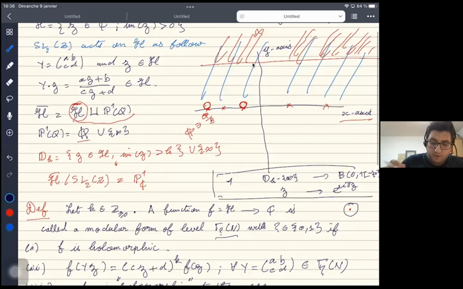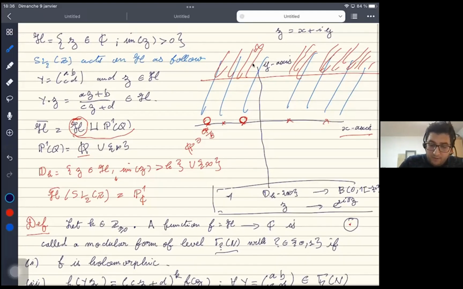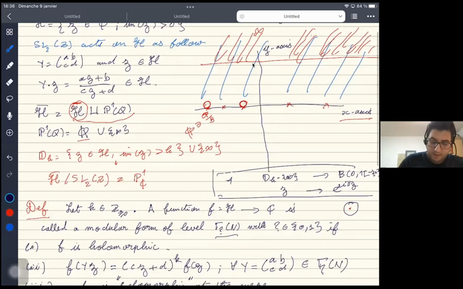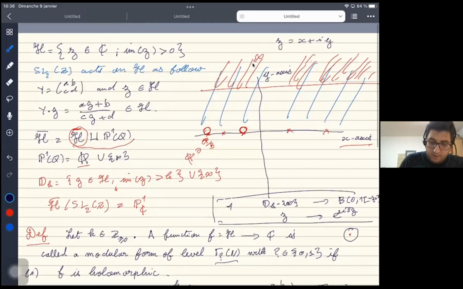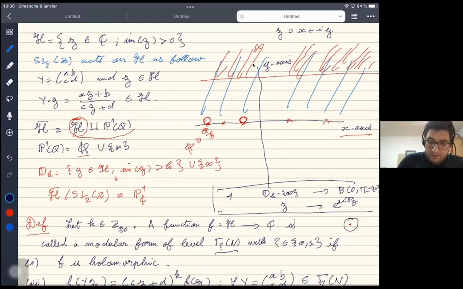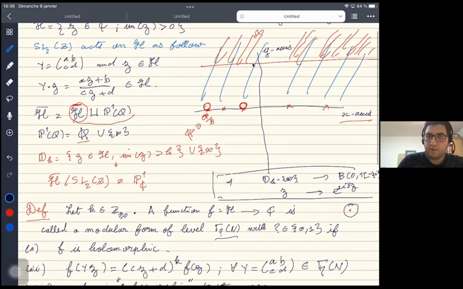I want to highlight again that if you have a neighborhood of infinity, you can find an element in SL2Z which, applied to this neighborhood, gives a neighborhood of a rational cusp. So you can send this DH to a disk tangent to a cusp on the x-axis. When I say holomorphic, at infinity it's quite direct: you just check the limit when y goes to infinity.